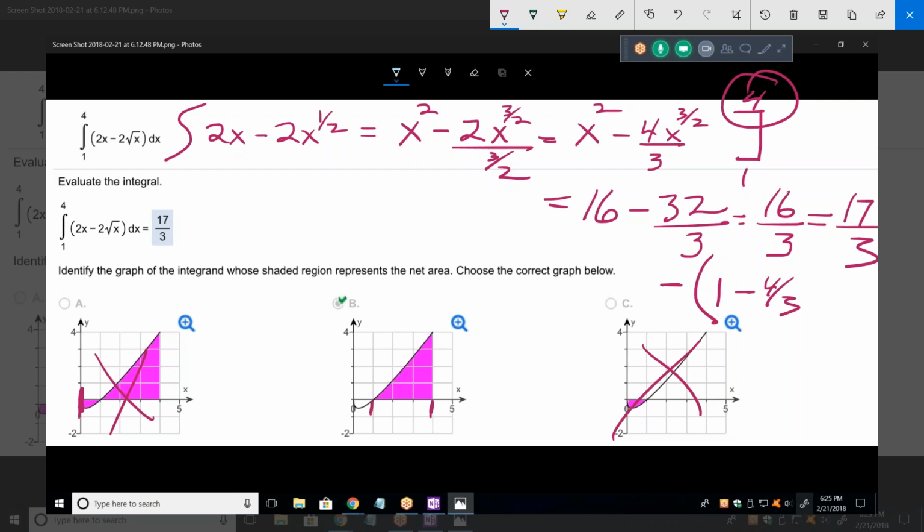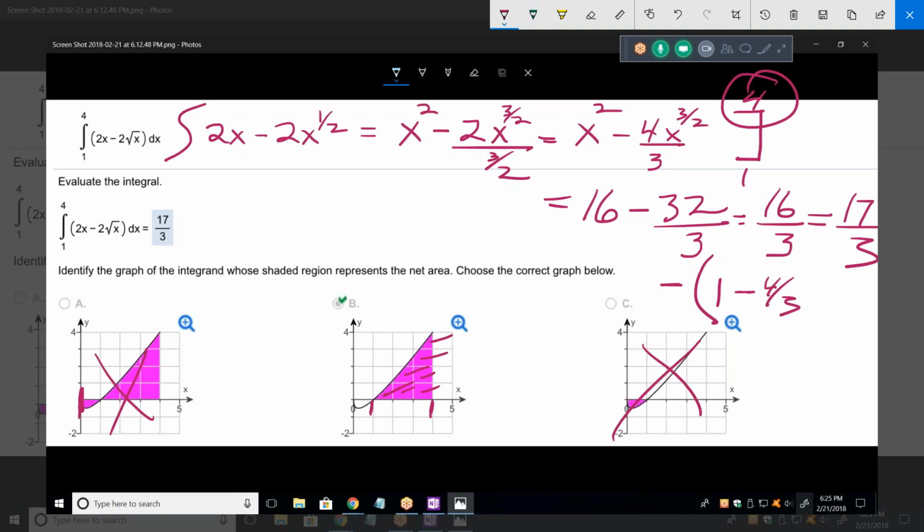Now, does this equal 17/3? Well, we can approximate it. 17/3 is almost 6. Well, there's 1 square, 2 squares, 3 squares, 4 squares, almost 5 squares. Looks like 17/3 to me. And really, we don't even need to do that part of it.